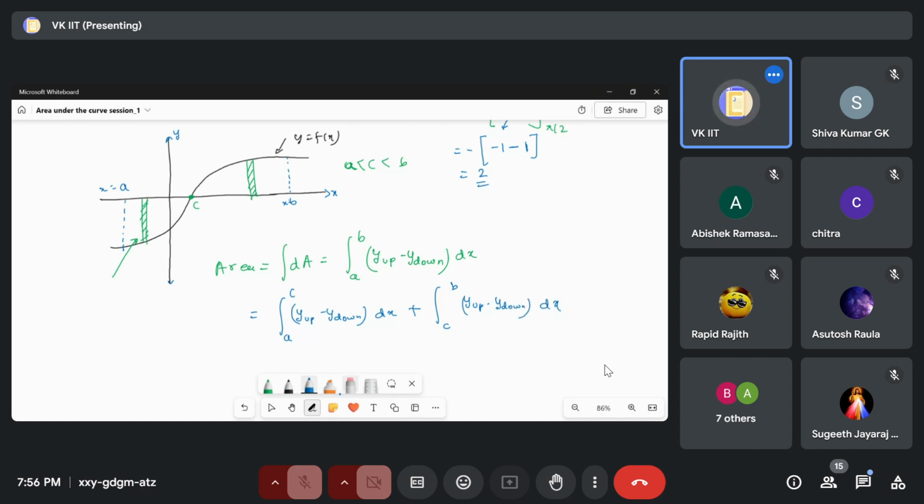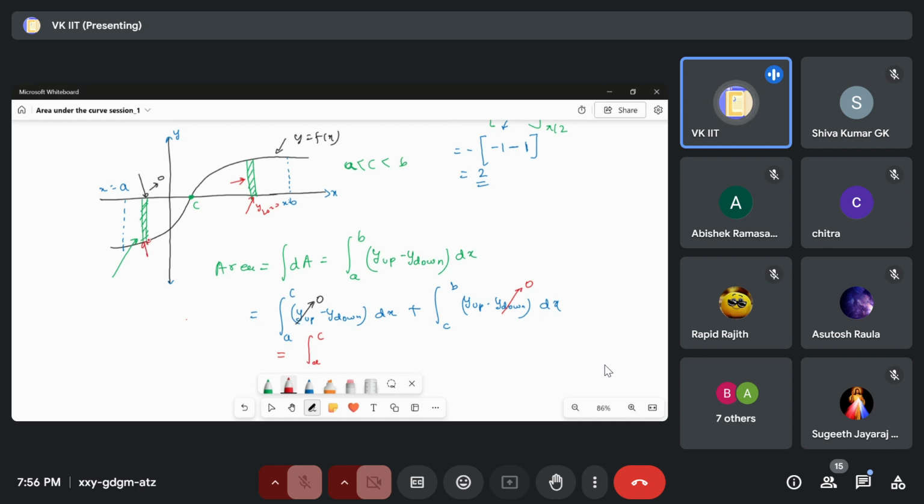Now by looking at the graph, you will say that in this first strip, the y upper is 0. So y upper is 0 from A to C. And similarly, when you look at the second strip, the y lower will be 0. The y down will be 0 in this case. So the answer is nothing but from A to C, y down.